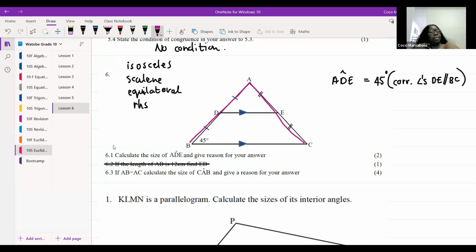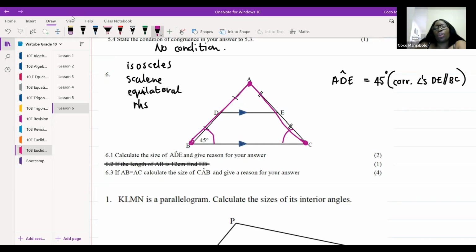It means no angles are the same, no sides are the same. The isosceles triangle. Yes. The isosceles triangle tells me that this side and this side is equal. AB is equal to AC. But it also says something about the base angles. What does it say about these two angles here at the base? Base angles of an isosceles triangle are equal.